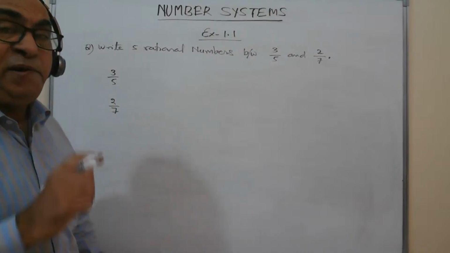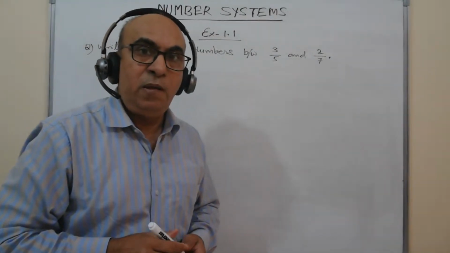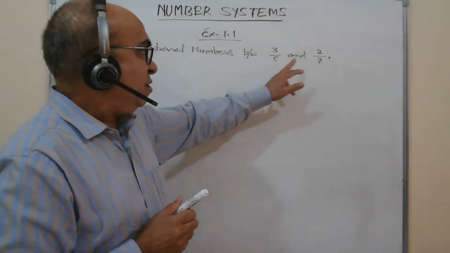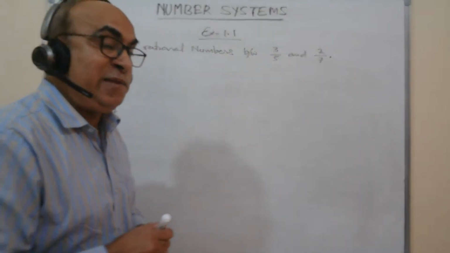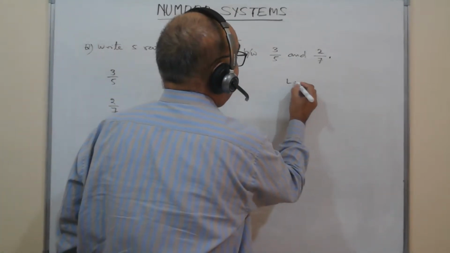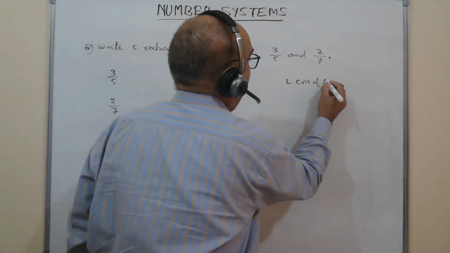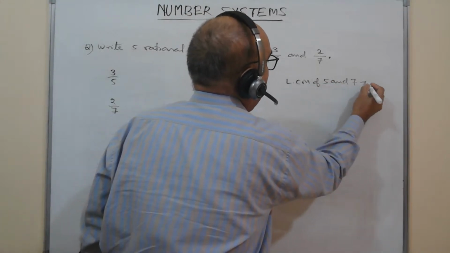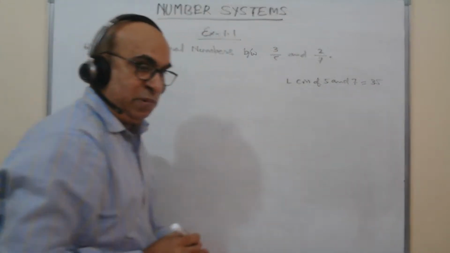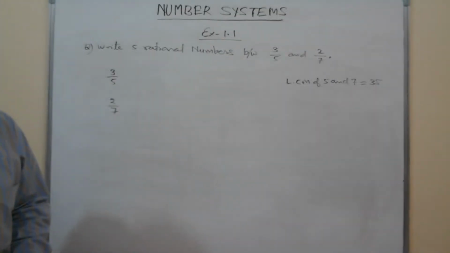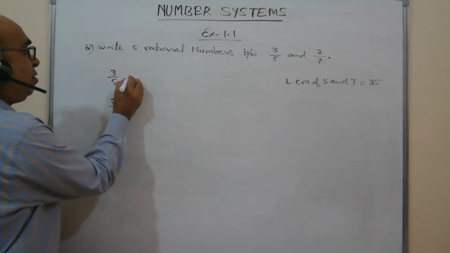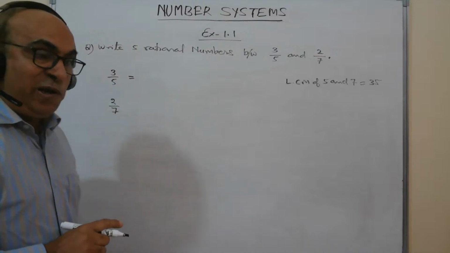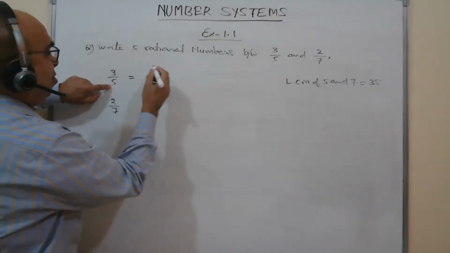They have different denominators. Whenever numbers have different denominators, first you find the LCM of their denominators. So the LCM of 5 and 7 is equal to 35. This is the LCM. So make each denominator equal to the LCM. Here the denominator is 5, the LCM is 35.